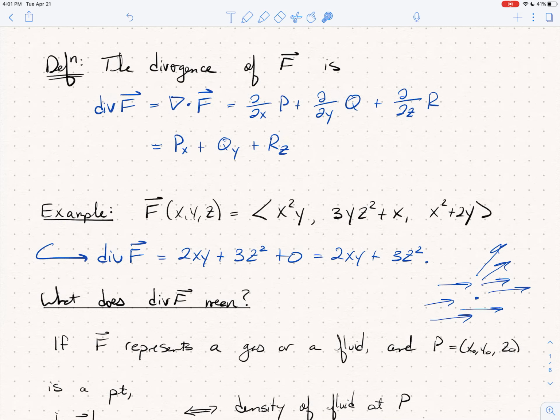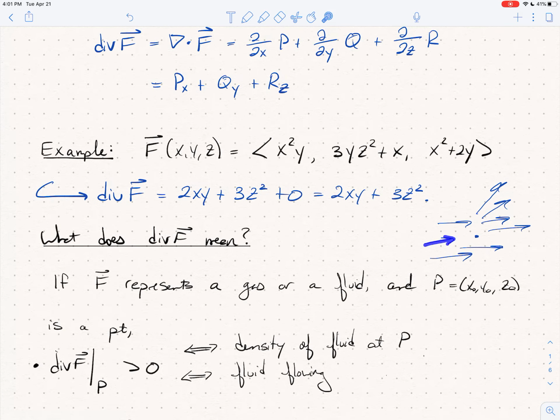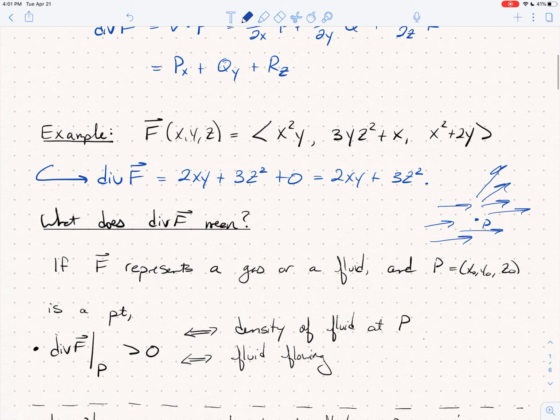But nonetheless, if you think about it this way, and I think about my fluid being described by these vectors. So these vectors are describing the behavior of my fluid. And I pick a point, P. Then when the divergence of F at my point P is positive, the name kind of gives it away a little bit.